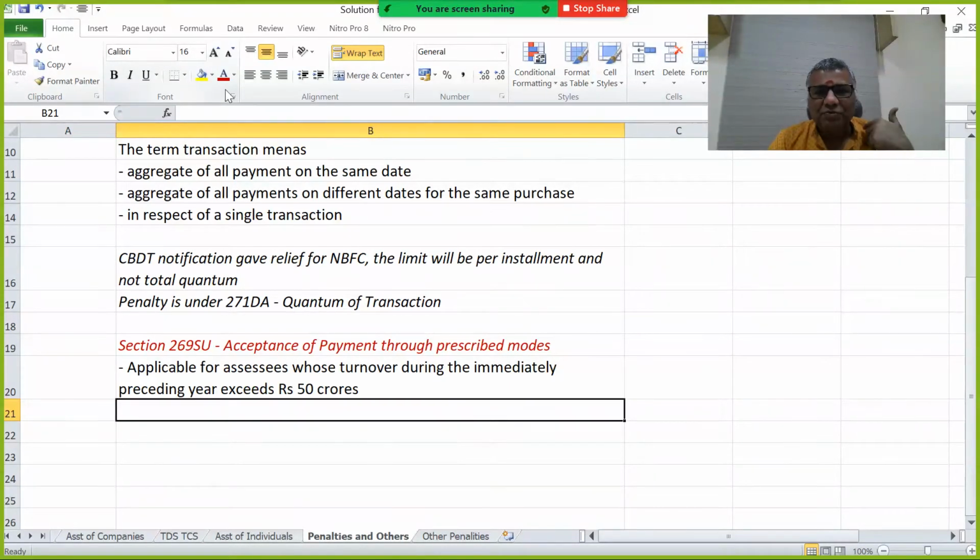Okay, apart from the payment gateway, Razorpay or CCAvenue, apart from these things, they should have one more. This is applicable for assessees whose turnover during the immediately preceding year exceeds 50 crores.